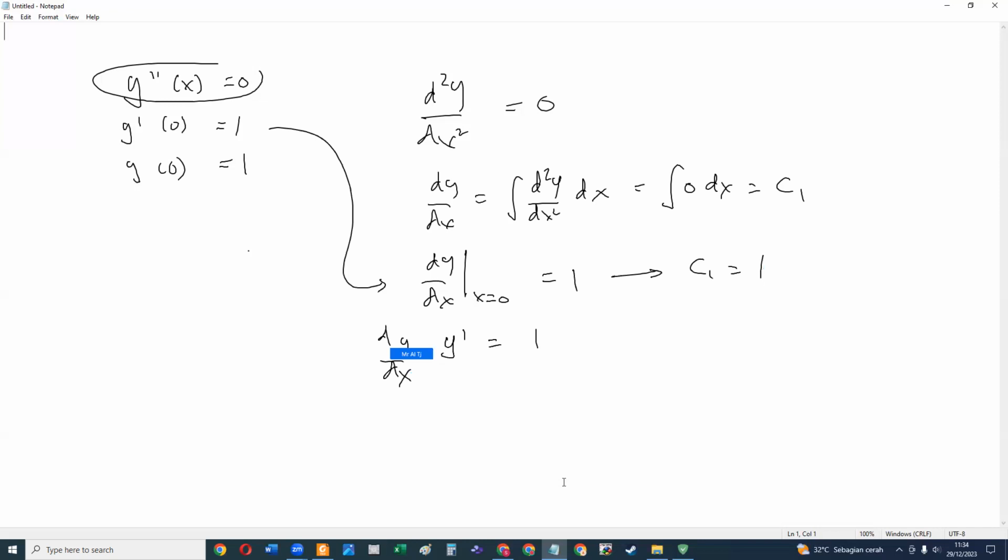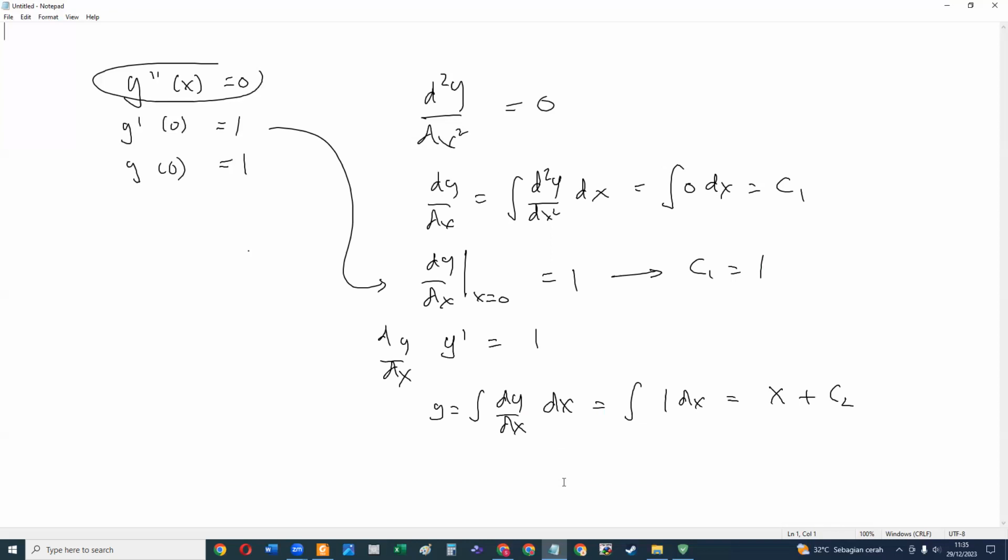So how do we find y itself? We're going to do the second integration. So y is going to be the integration of dy dx. It's going to be the integration of 1 dx, which is x plus a second constant. The integration of 1 dx is the integration of dx itself, that's x plus c2, of course.